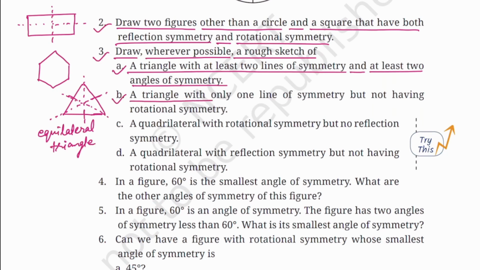B. A triangle with only one line of symmetry but not having rotational symmetry. For this, you can draw an isosceles triangle whose two sides are equal. It has a line of symmetry but no rotational symmetry. This is an isosceles triangle.